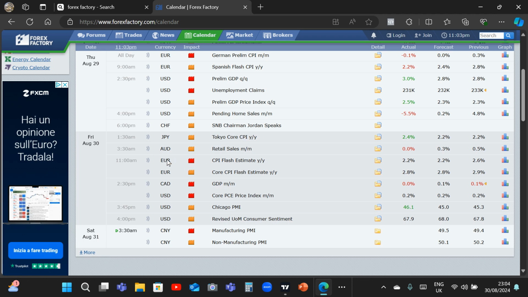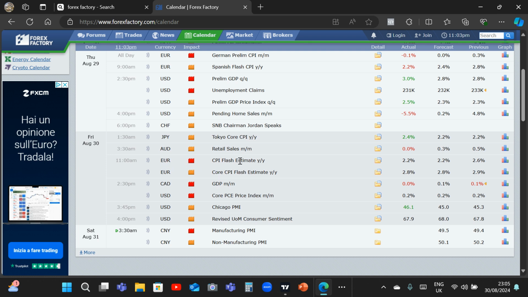Then the AUD, Australian dollar, the retail sales is expected, and these are the times. Now, today the CPI flash estimate for the euro has high impact.